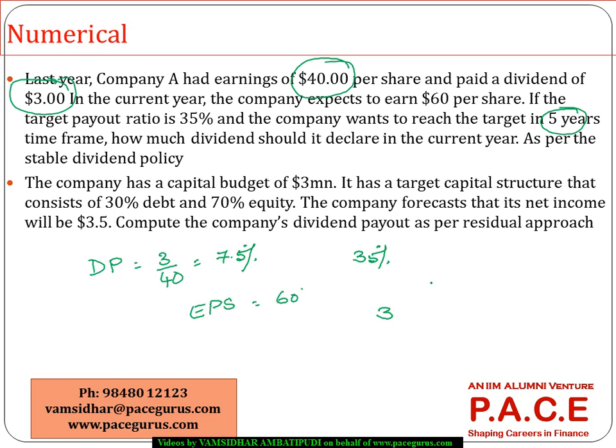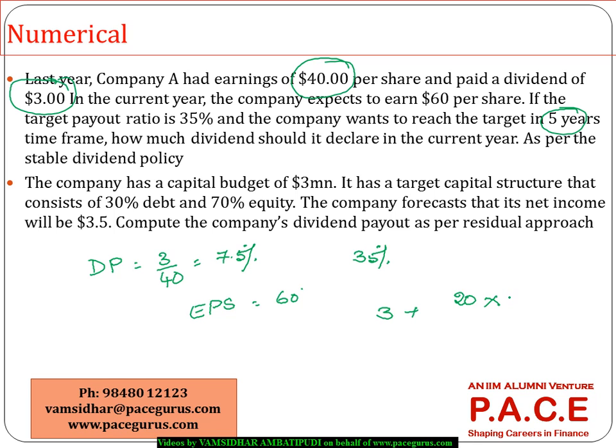Now what we are saying is, the expected increase in the EPS is 20, right? From 40 they are expecting 60.